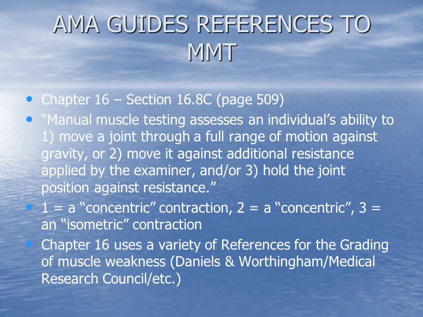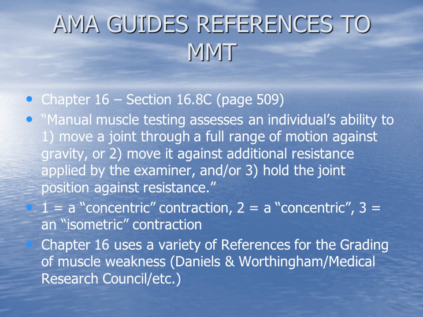We have eccentric contractions, where we have lengthening muscle actions. And we have isometric contractions, where the muscle length does not change. And depending upon which muscle we are testing, we may use one, the other, or even a combination of these different types of muscle contractions.